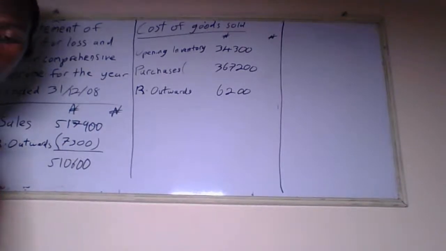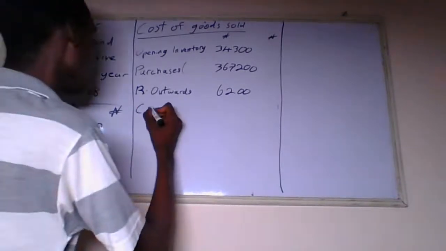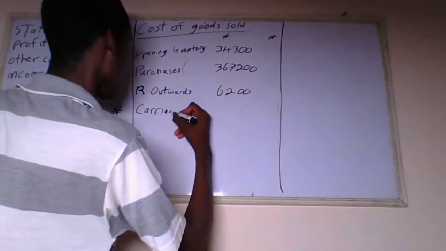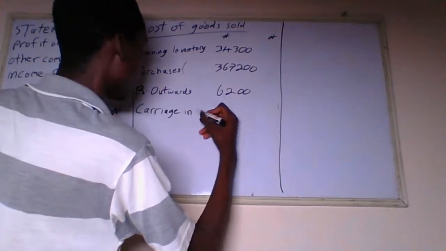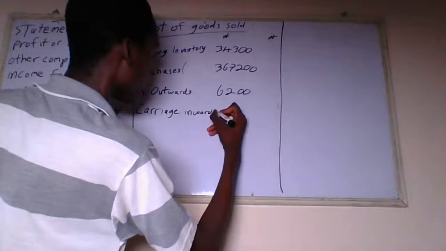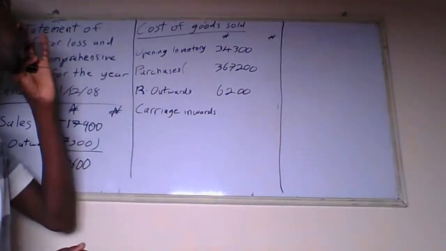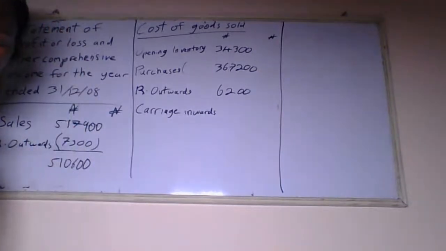When you're buying something and you're paying for the transportation, you are also going to consider the cost of transportation. Carriage inwards. And note that it's only carriage inwards that will appear under the cost of goods sold. Carriage outwards will be treated differently. We'll get that in a short while.